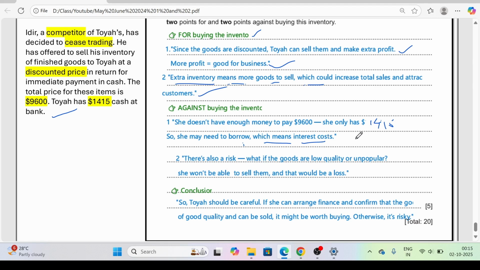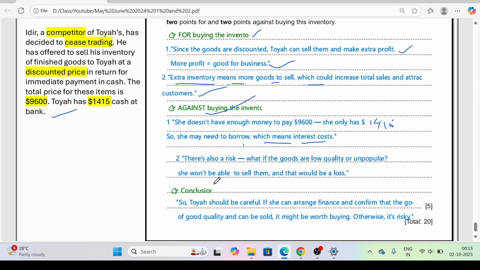She has to take a loan from the bank, like an overdraft or something else, or from friends and relatives. So that is a risk, right? Interest she has to pay. And second, there is also a risk if the goods are low quality or unpopular. That is also a big concern, and she won't be able to sell them, and that would be a loss. Correct? So that is against buying the inventory.